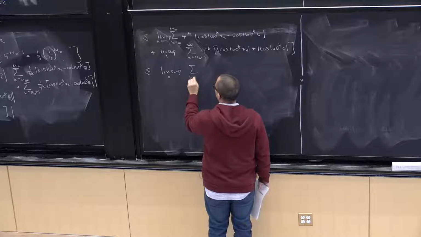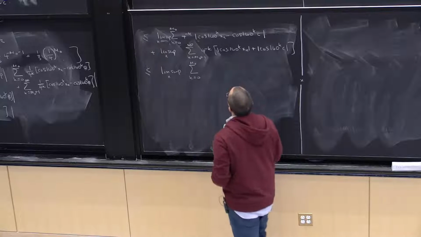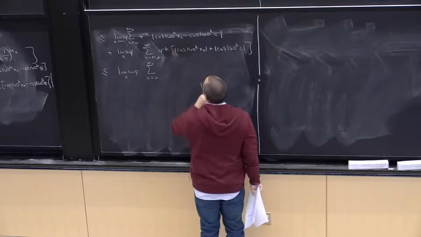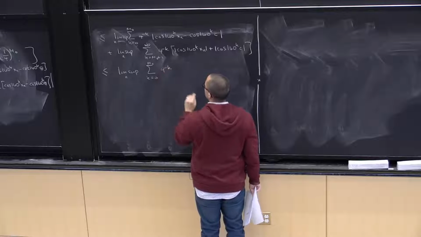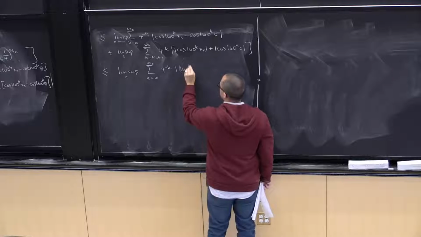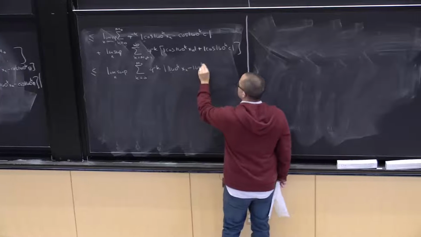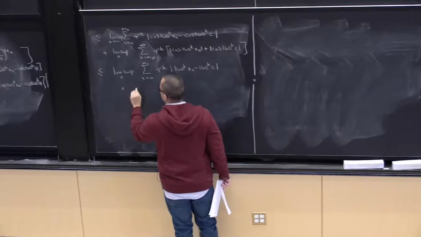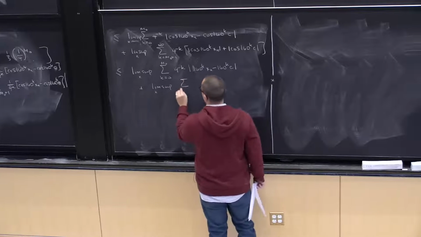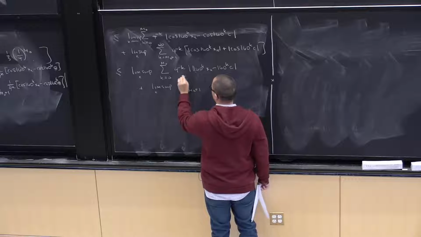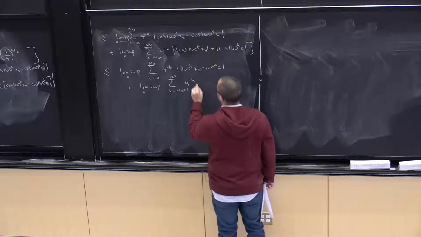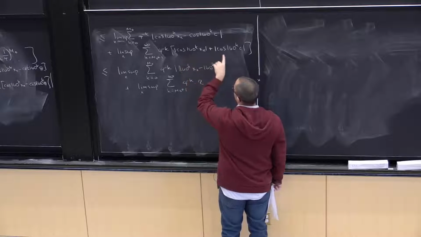Now we use what we know about cosine, that cosine of something minus cosine of something else is bounded by the difference in the argument. So this is bounded by 4 to the minus k times 160k xn minus 160k c, plus the lim sup of the sum from k equals m0 plus 1 to infinity of 4 to the minus k times 2, because each cosine is bounded by 1.